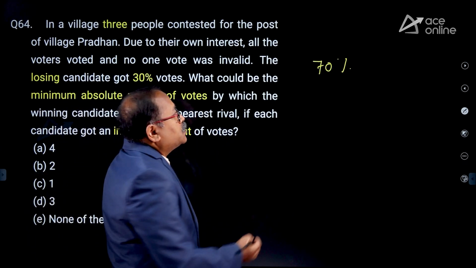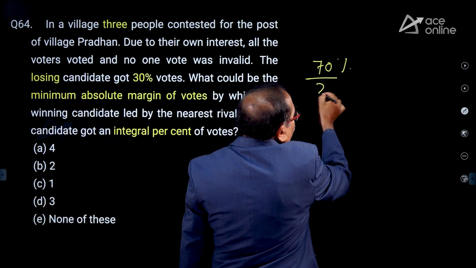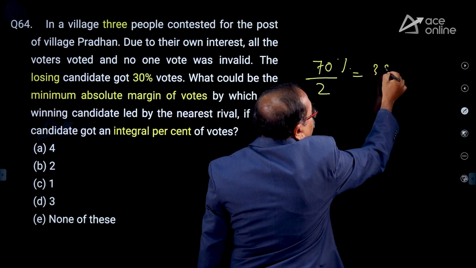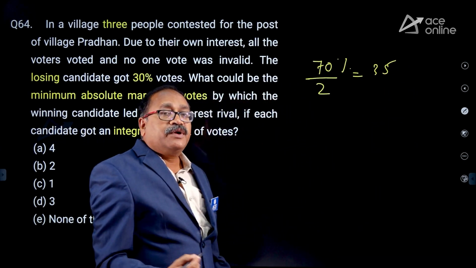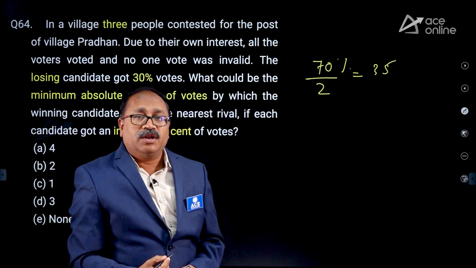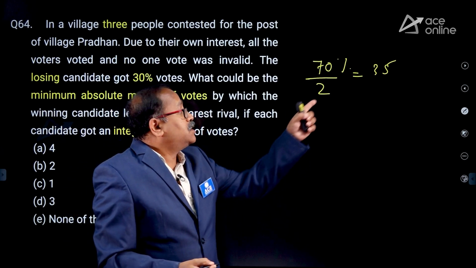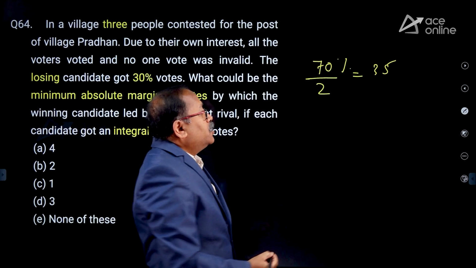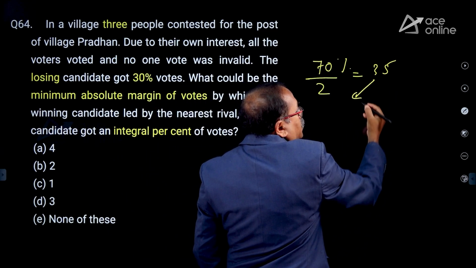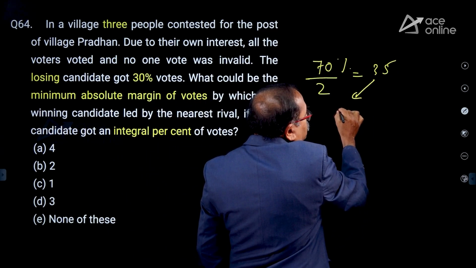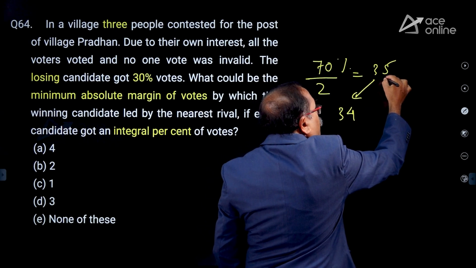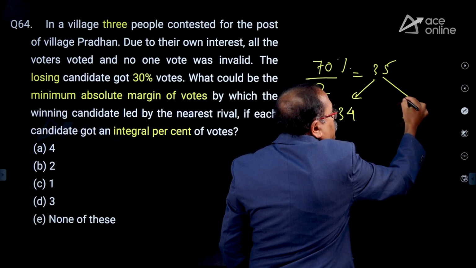Now I'll divide this by 2. That means it comes 35. So when I distribute in 35, both are equal. But one is the loser here and the other one winner. Therefore, I again make for loser, it is 1 less, that is 34. And winner 1 more, that is 36.